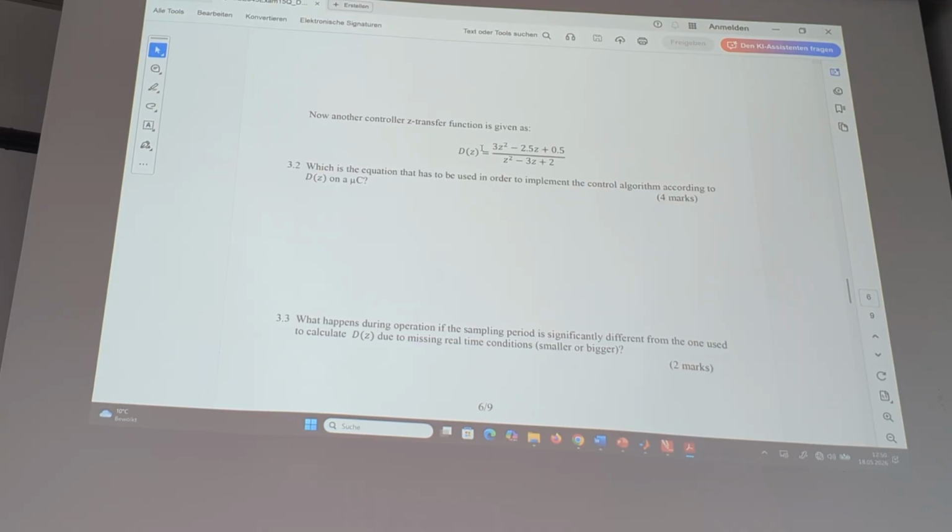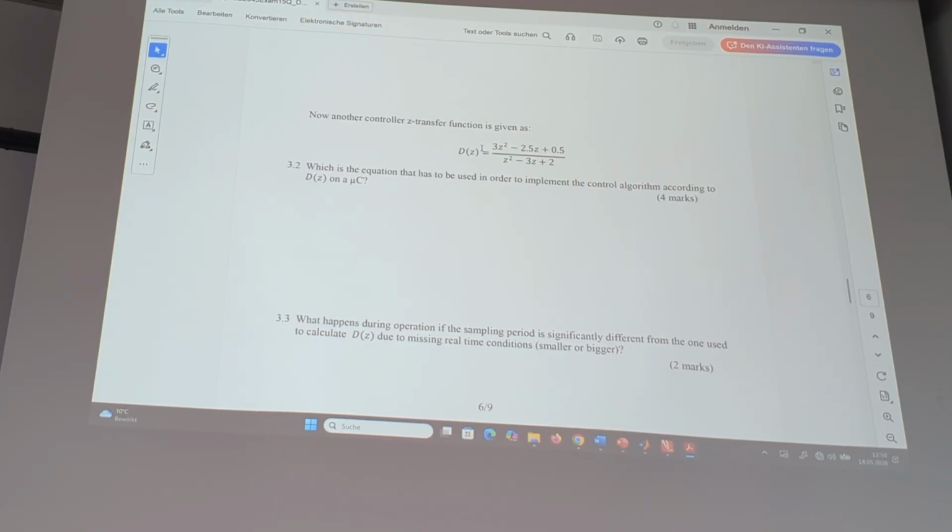For example, if I put the equation into the ordinary while loop, it's going to be calculated much more often, much faster than the 1 second. So it would be smaller. And if for whatever reason computational power is not sufficient and I need more time to calculate the equation, it may be higher than the 1 second.